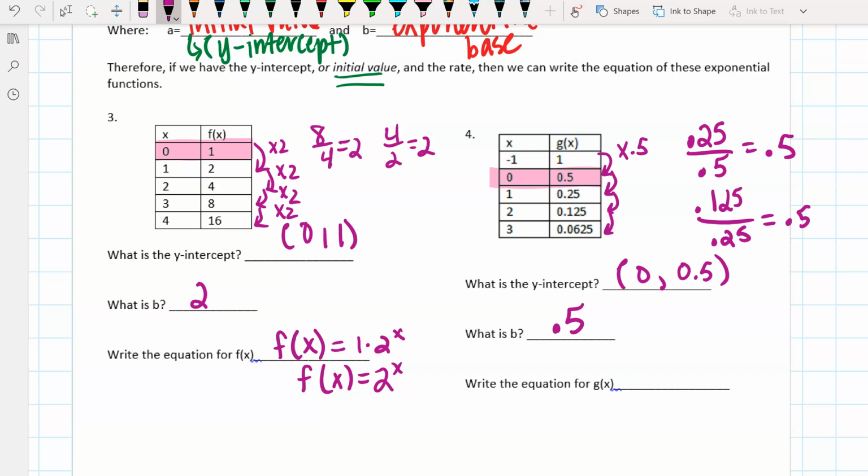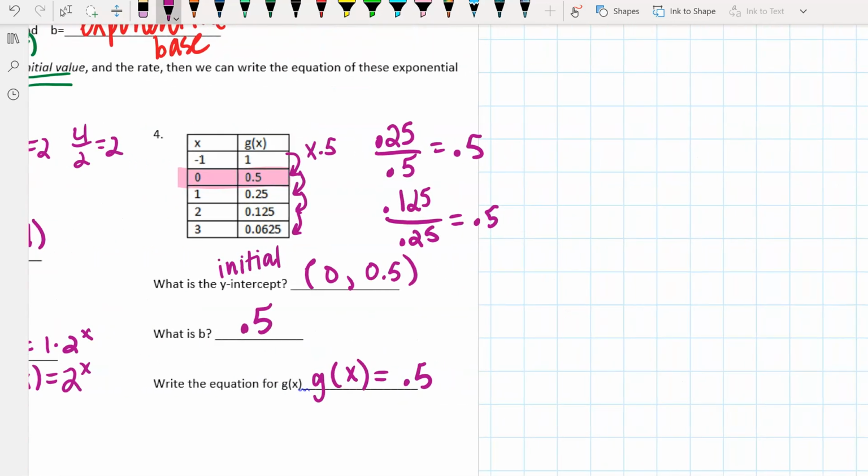Here g of x is our y, and our starting point is 0.5, that was our y-intercept or initial value. Remember, that's your a. And my base is either 0.5 as a decimal, or you can write 1/2 and raise it to the x. So you can have either of these, 0.5 times 0.5 to the x. Either of them are fine.